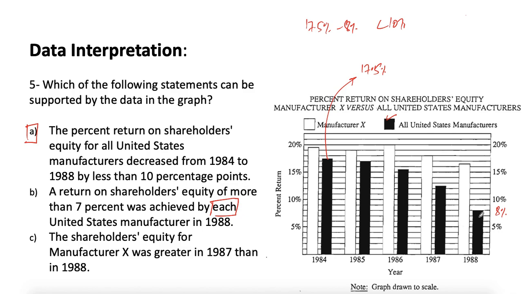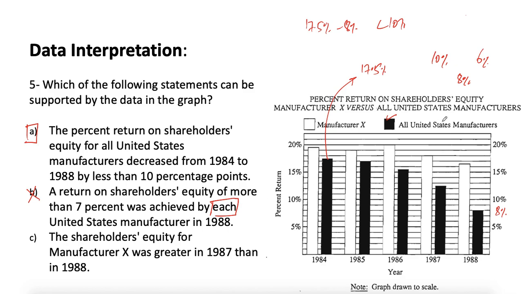So there could be a scenario if we consider two manufacturers, one is getting 10% and one is getting 6%. If they take the average, this becomes 8%. But the question asks that a return on shareholder equity of more than 7% was achieved by each United States manufacturer in 1988, which is not true.